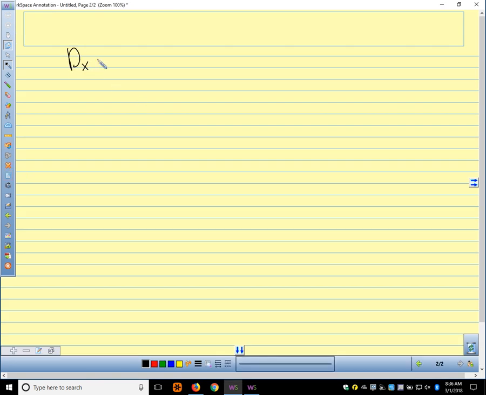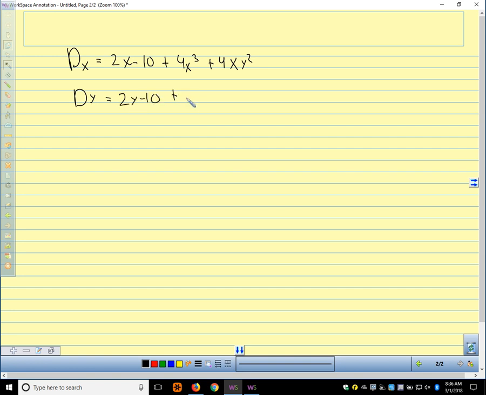So d sub x is 2x minus 10 plus 4x to the third plus 4xy squared, and d sub y is 2y minus 10 plus 4y to the third plus 4x squared y.